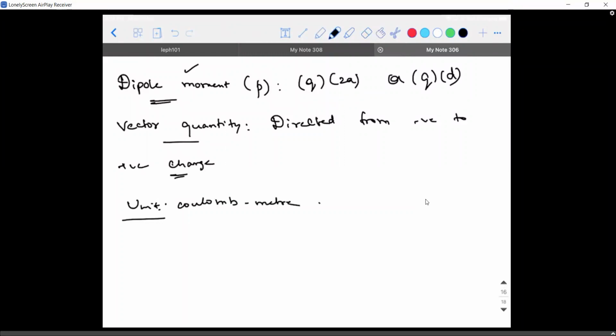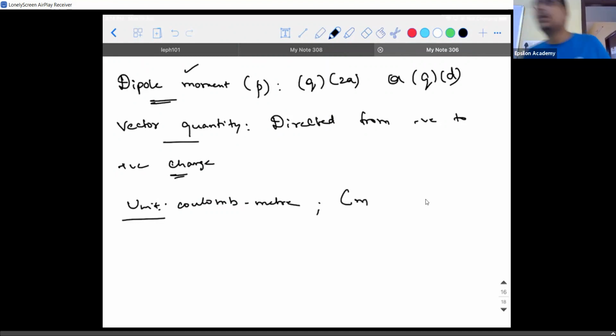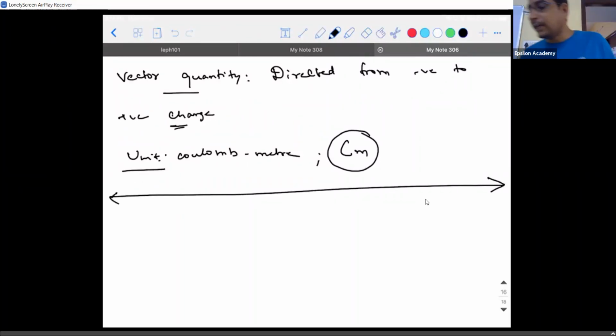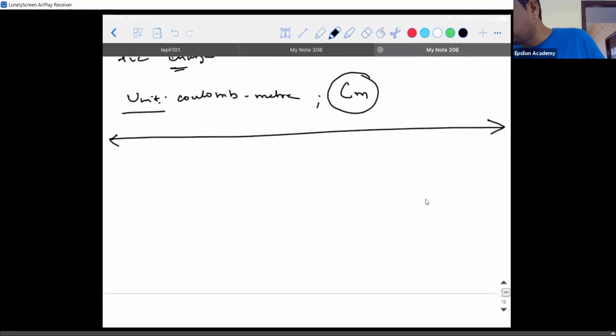So the SI unit is going to be coulomb meter. What is the common mistake that can happen? Don't write a small c. When it becomes centimeter, it has a different meaning. Please be very careful with this. I've seen those kinds of mistakes, be careful. So with all these points in mind, we are going to derive the electric field due to a dipole.